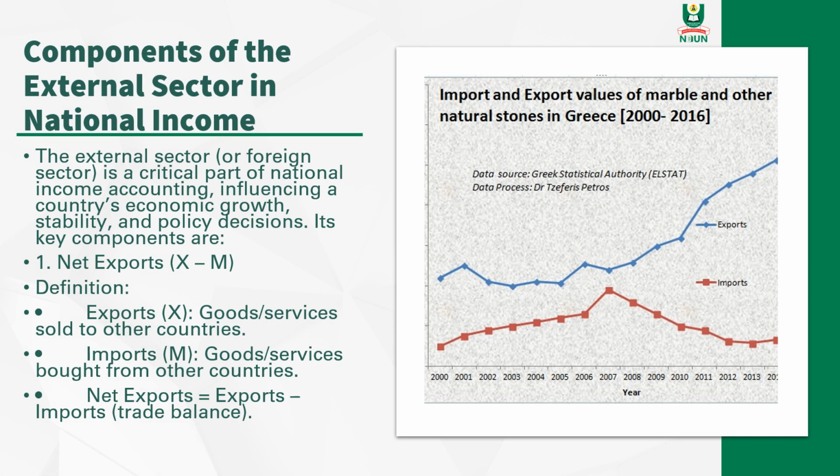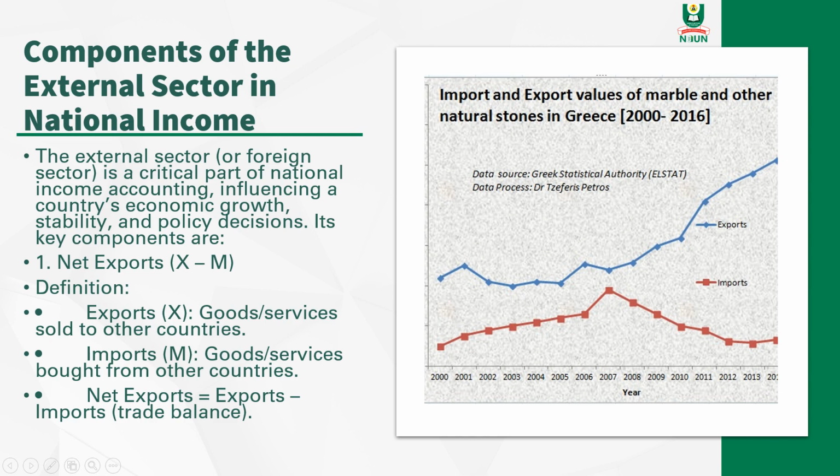Let's quickly look at the component of the external sector in national income determination. When you look at this diagram, for example, it's showing us the import and export value of marble and other natural stones in Greece from 2000 to 2016.